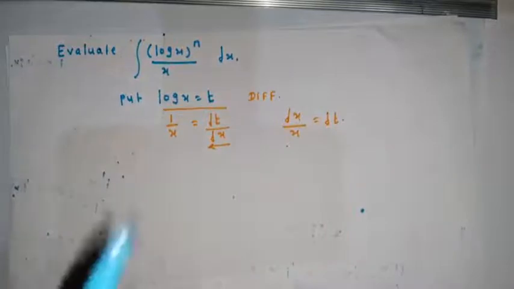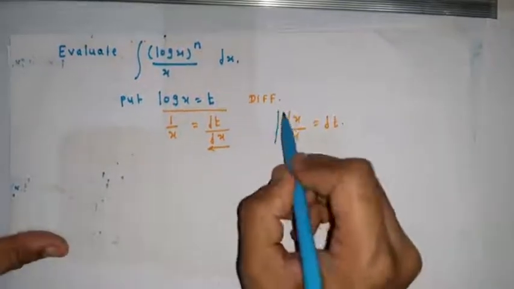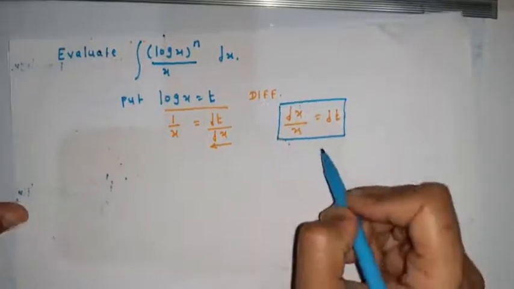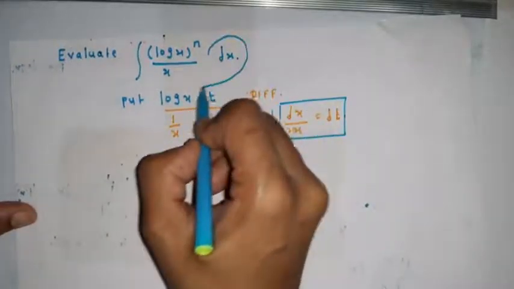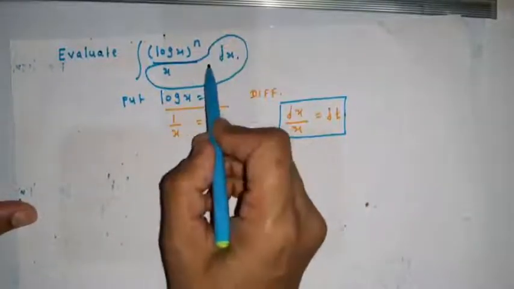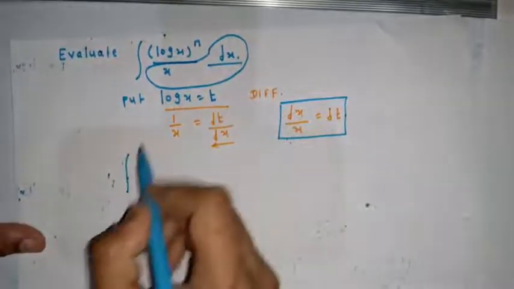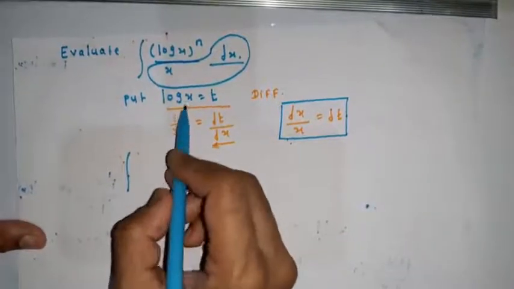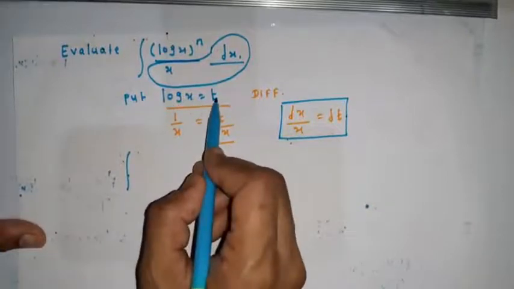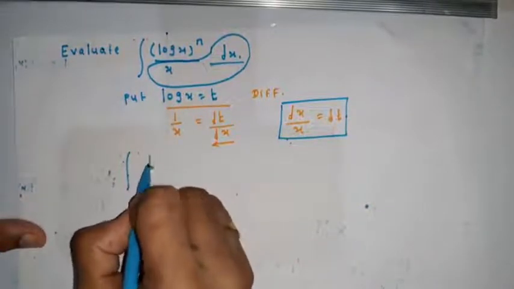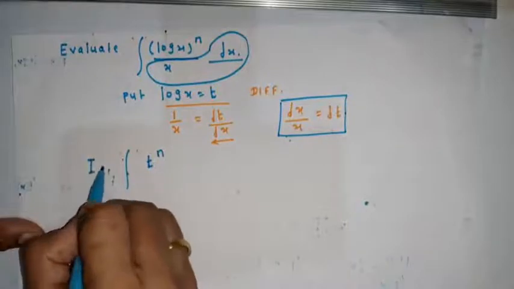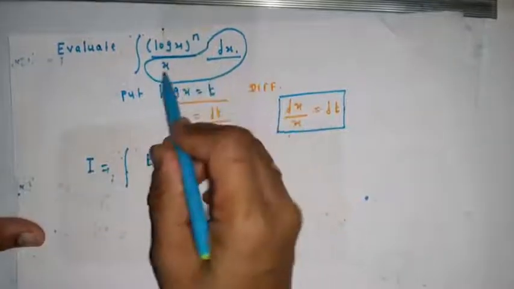Here dx upon x is dt, and since log of x equals t, in our integrand I equals t raised to n, dx upon x is dt.